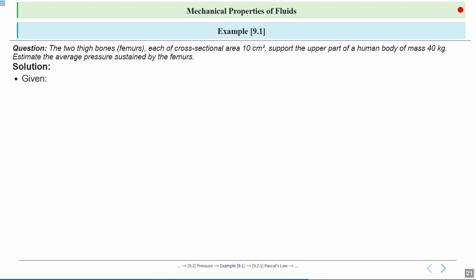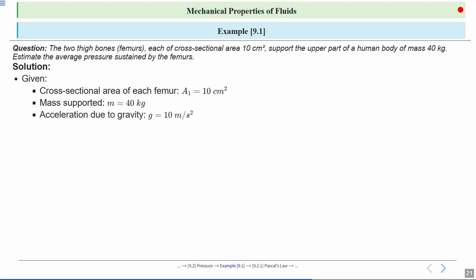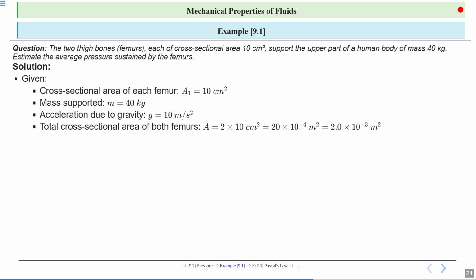So let's begin by identifying the given information. Cross sectional area of each femur, A1 equal to 10 centimeter square. Mass supported, M equal to 40 kg. Acceleration due to gravity, 10 meter per second square. Total cross sectional area of both femurs, 2.0 into 10 raised to the power minus 3 meter square.